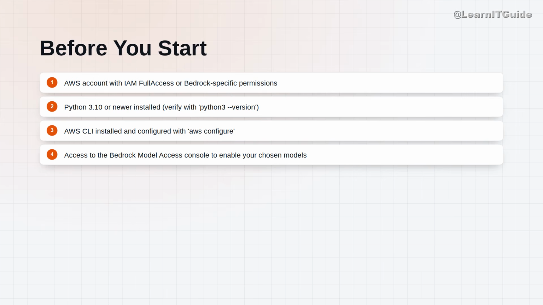And finally, and this is the step everyone forgets, you must manually go into the Bedrock console and explicitly request access to the specific models you want to use. If you skip that last step, your code will fail with a permission error every time. Specifically, that includes an AWS account with IAM full access or Bedrock specific permissions, and the AWS CLI installed and configured with aws configure.